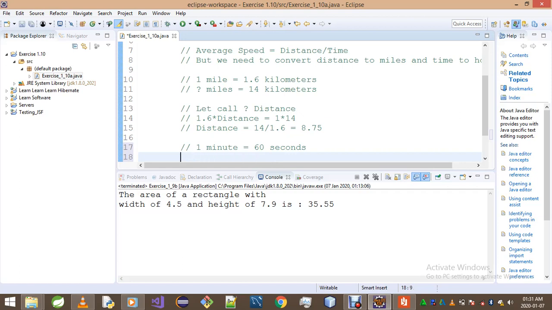Let me write it this way. Okay, 1 minute is equal to 60 seconds. That implies that 45 minutes is equals to 45 multiplied by 60.